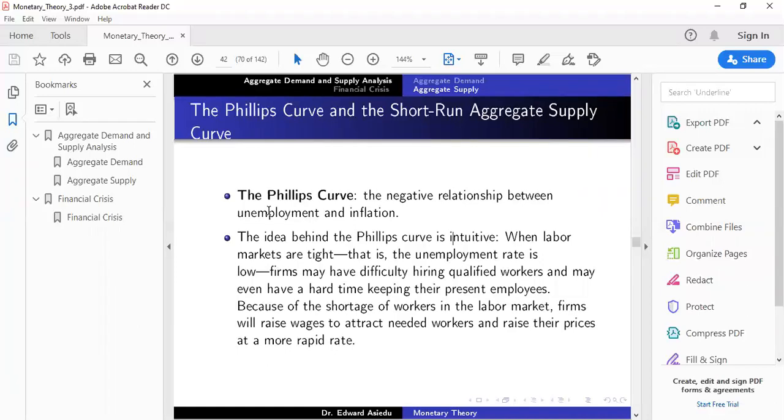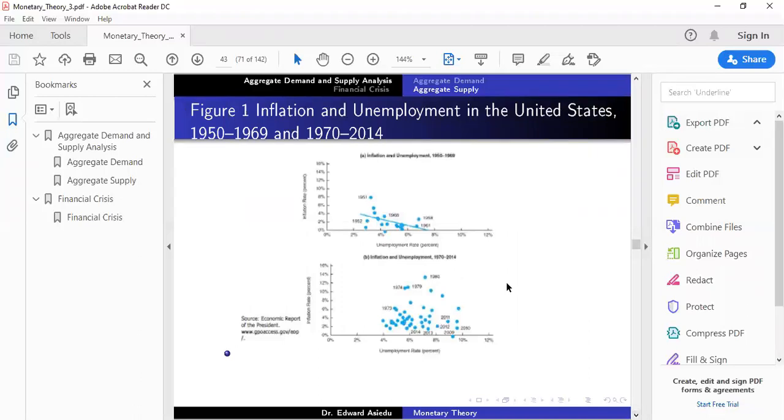And to keep them, you have to pay them a higher salary. And if you're paying them a higher salary, you have to charge a higher price for your good. And they also have to buy goods at a higher price because more people have higher incomes. Okay. So there's this relationship, and that is what we refer to as the Phillips curve.